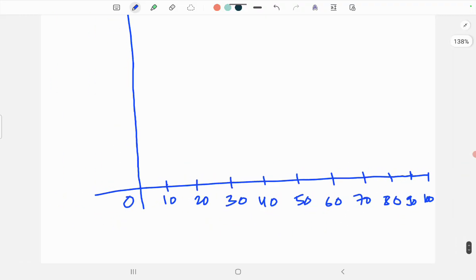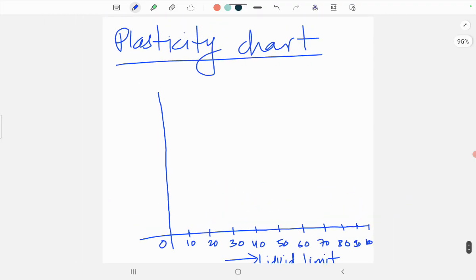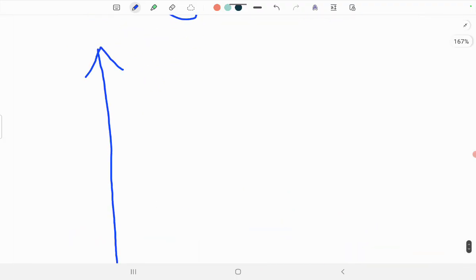So this one is the liquid limit, x-axis, and on this side we draw the plasticity index, IP.